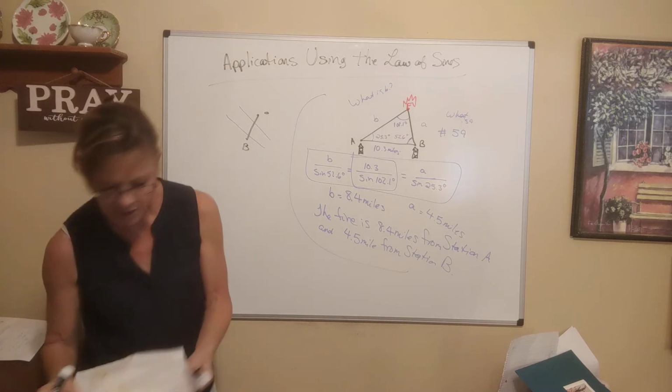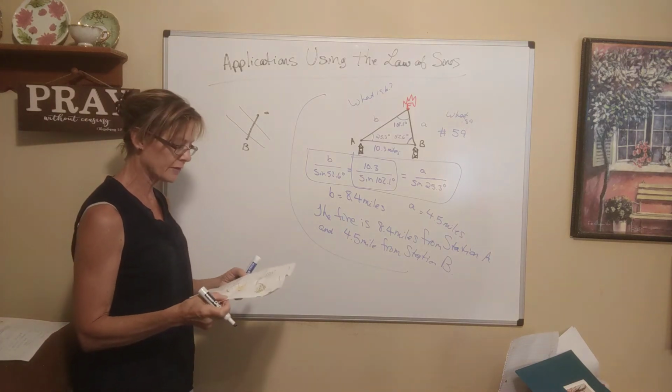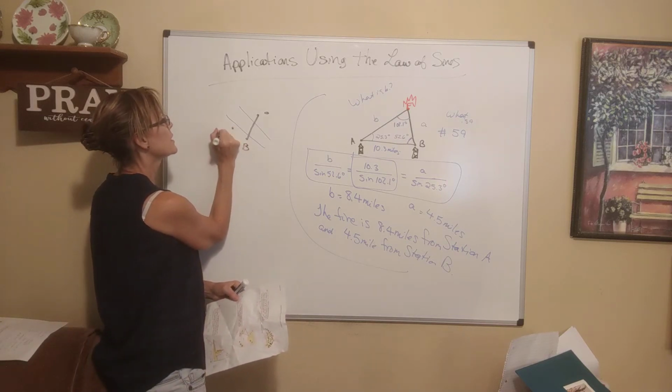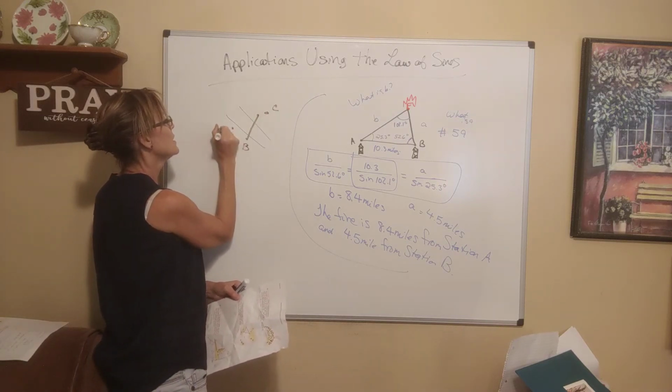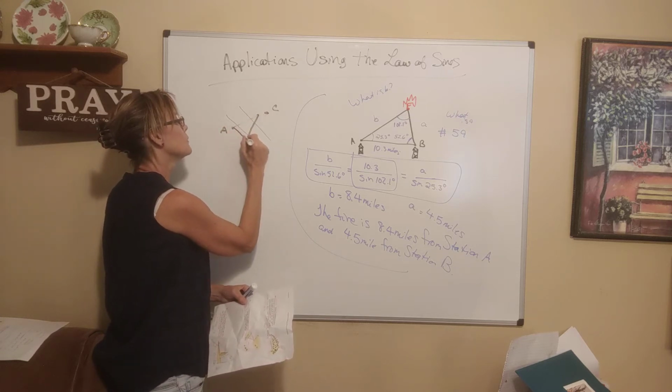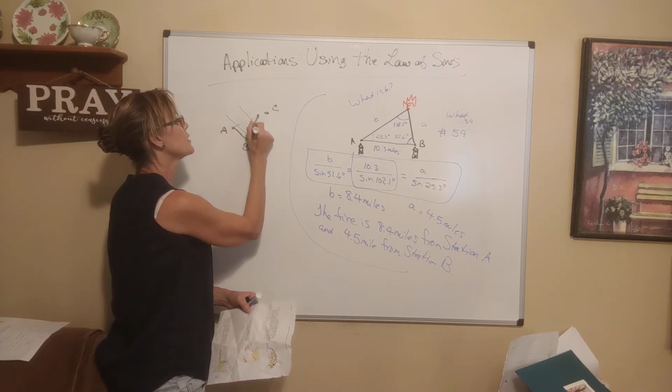And then it has some other information. It has another point they've located called point A, which is over here on this side of the river. So this is C, this is A, this is B. We know distances here, but this is where the bridge is going to be built.